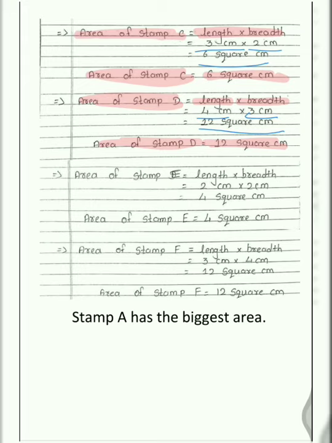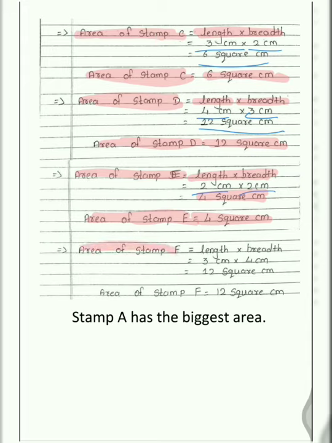Now next, area of stamp E is equal to length multiplied by breadth. Again it is 2 by 2, 2 length, 2 breadth. So it is square type, right? 2 centimeter multiplied by 2 centimeter is equal to 4 square centimeter. Area of stamp E is equal to 4 square centimeter.